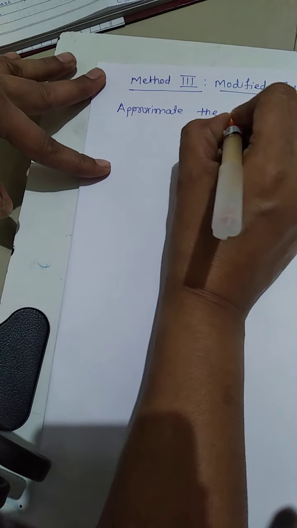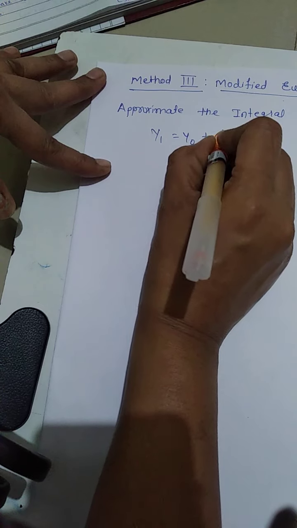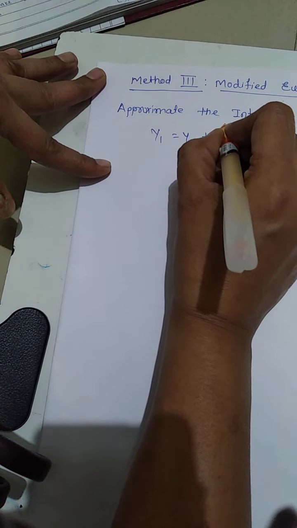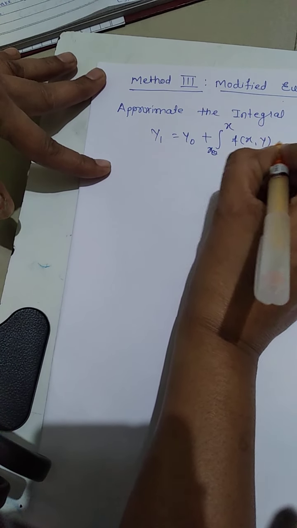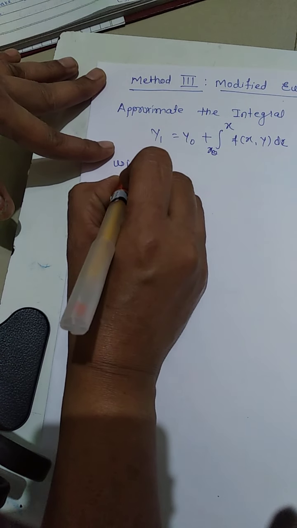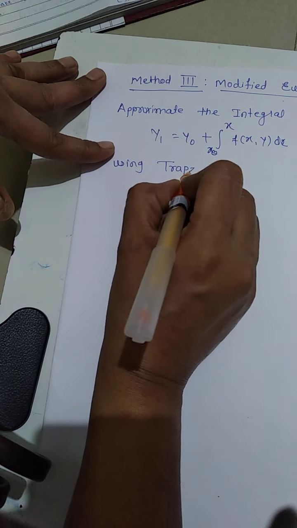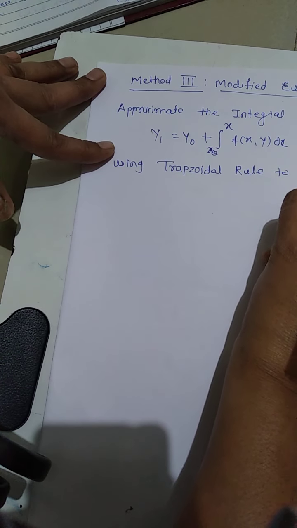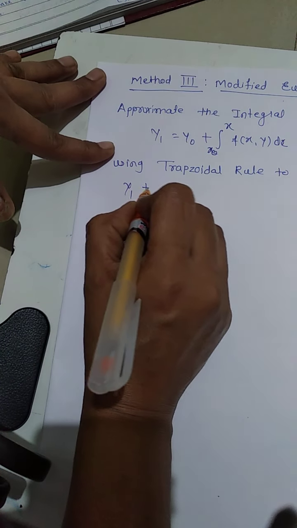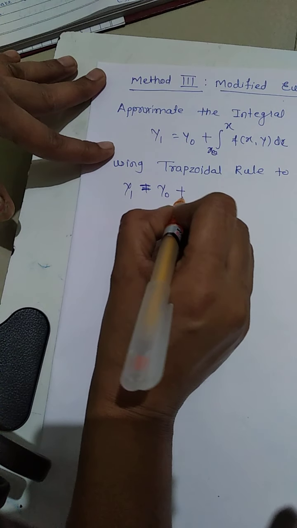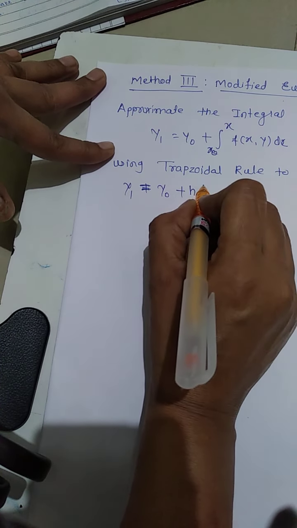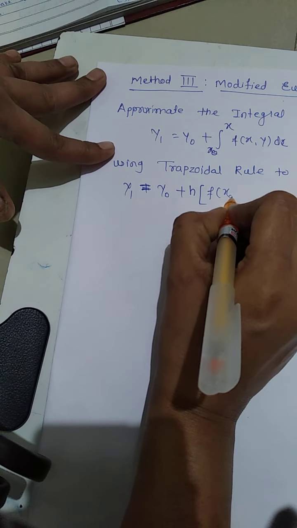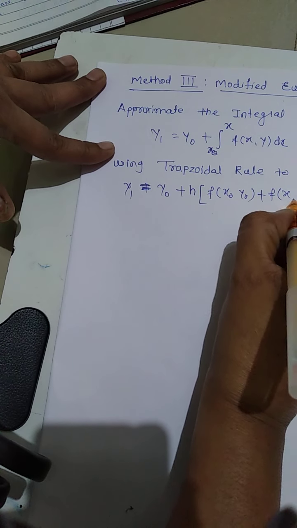Approximate the integral y1 is equal to y0 plus integration from x0 to x1 of f of x, y dx using the trapezoidal rule to obtain y1 is equal to y0 plus h by 2 into f of x0, y0 plus f of x1, y1.